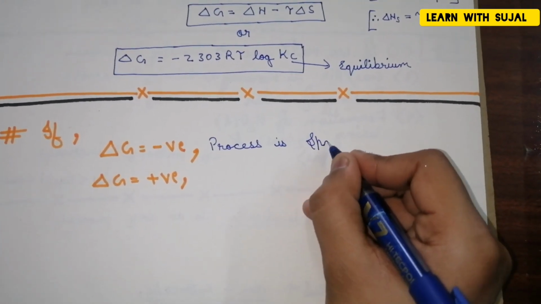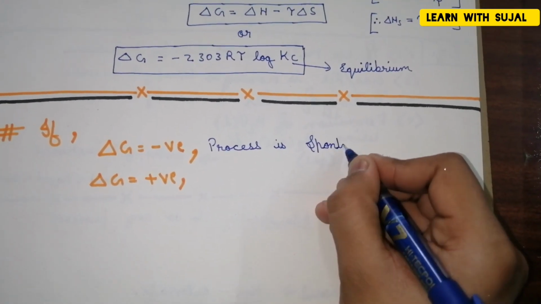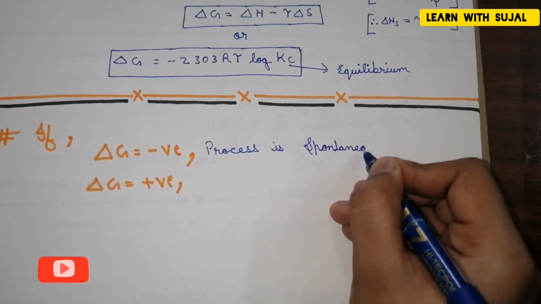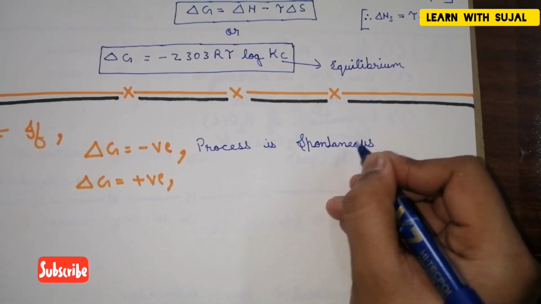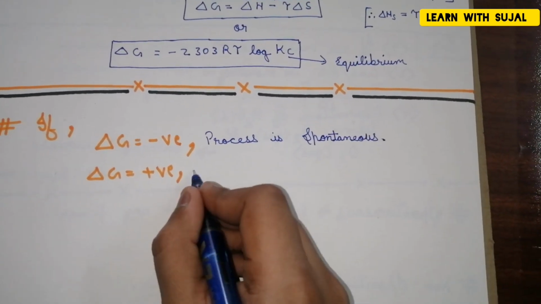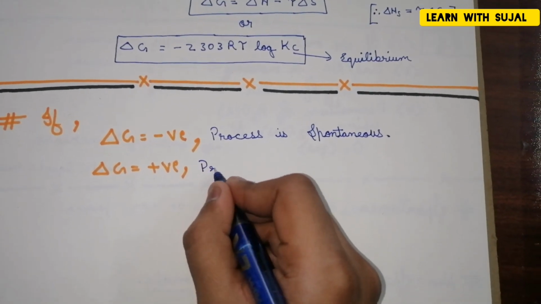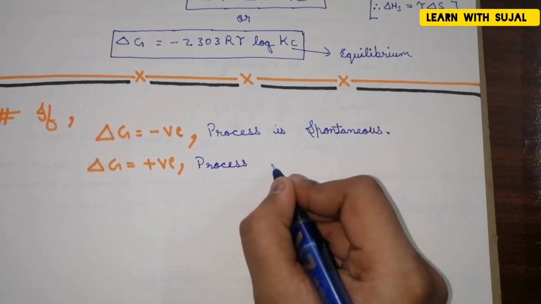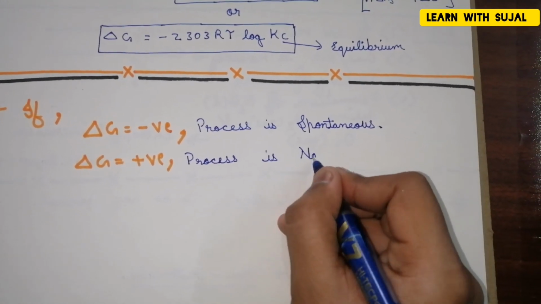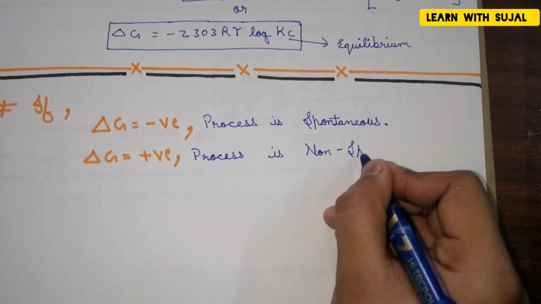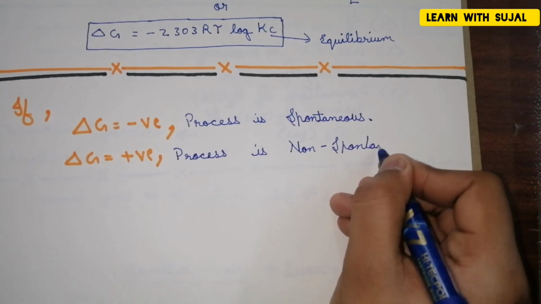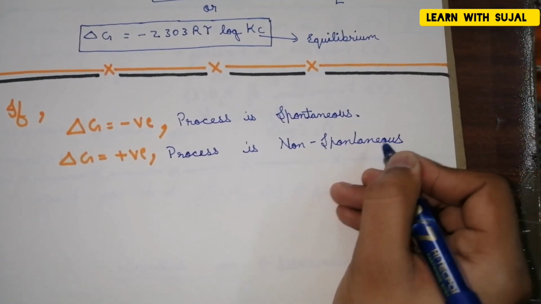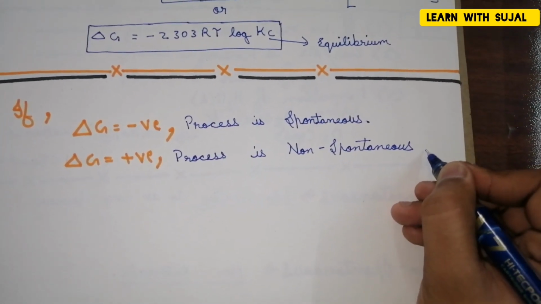Spontaneous means the process happens automatically without any external force or work, through its natural process. If the Gibbs free energy result is positive, then it is a non-spontaneous process.